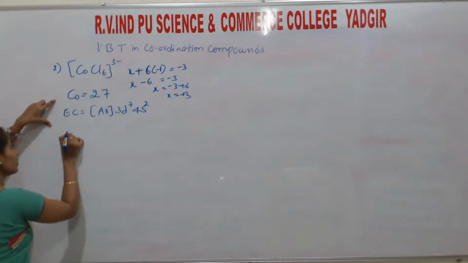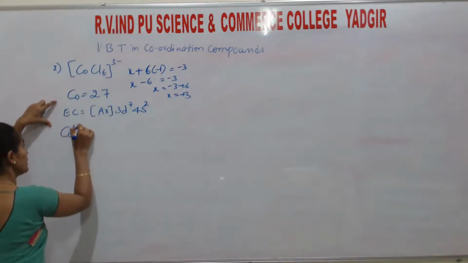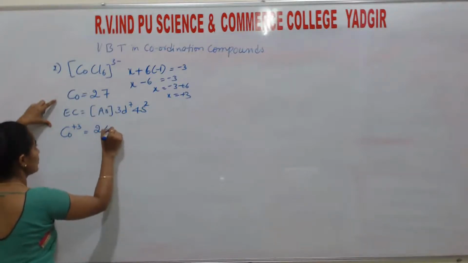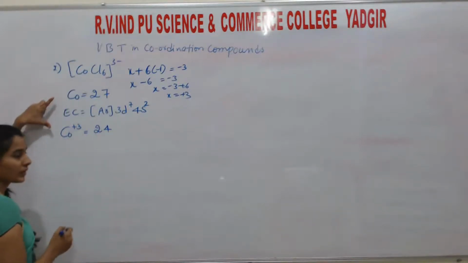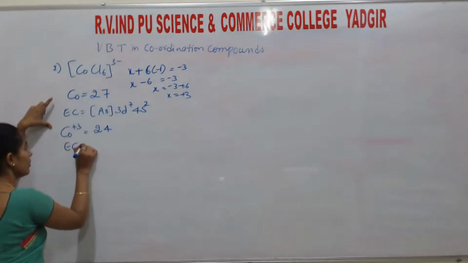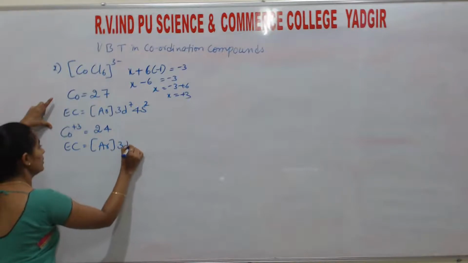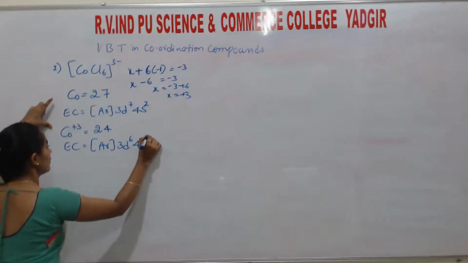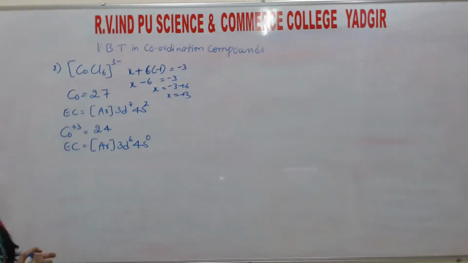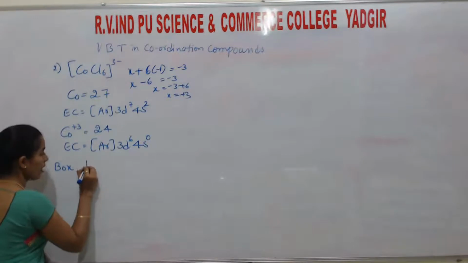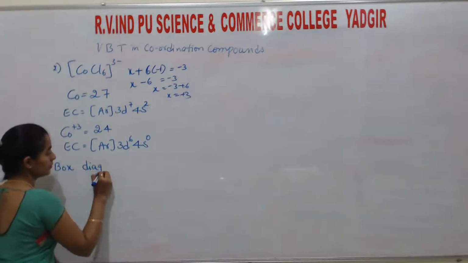So cobalt in plus 3 oxidation state means the number of electrons is 24. Correct? Then the electronic configuration is argon 3d6 4s0.